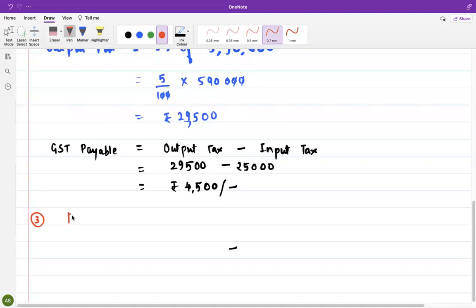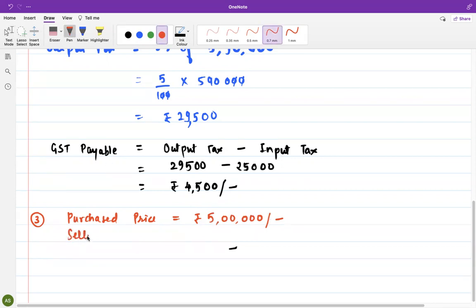The purchase price given here is 5 lakh, and sold the same to customers at rupees 6 lakh.